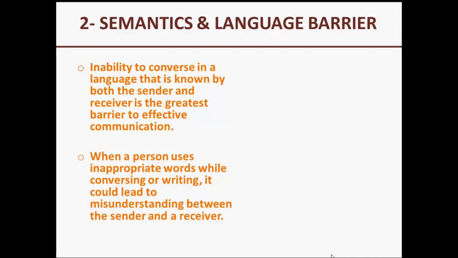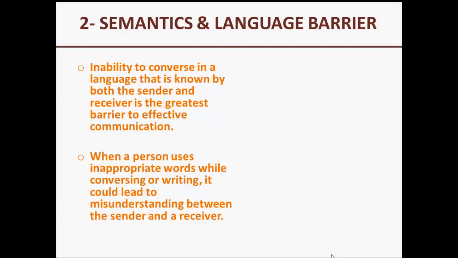And some words sound the same, but they have different meanings. Lead, for example, يقود. The past tense is led. And lead, the metal, رصاصة المعدن, L-E-A-D, L-E-A-D. But lead and led. والماضي من lead يقود, the past tense is led.